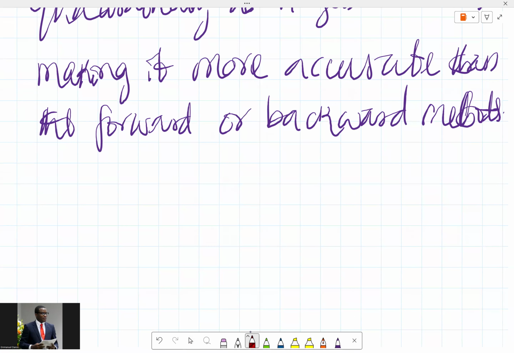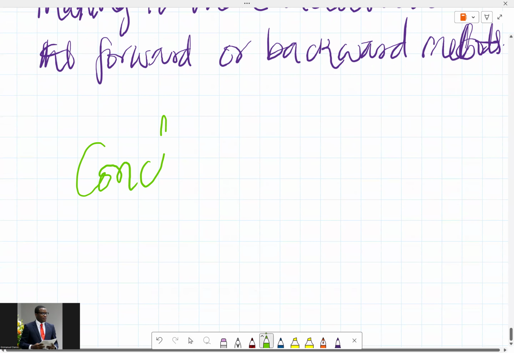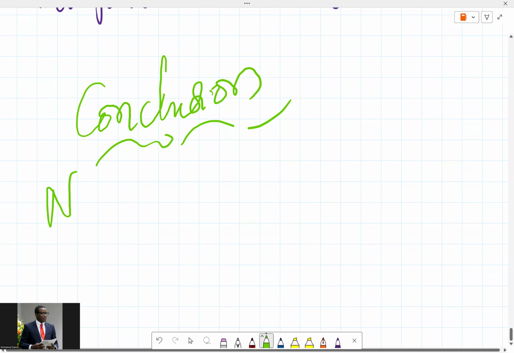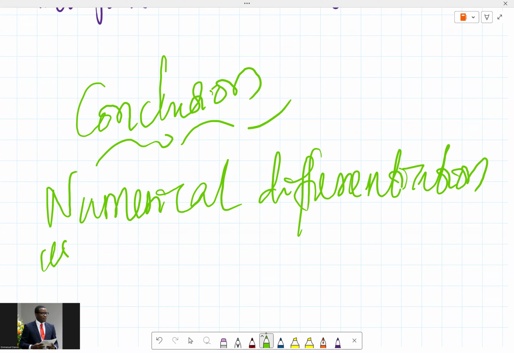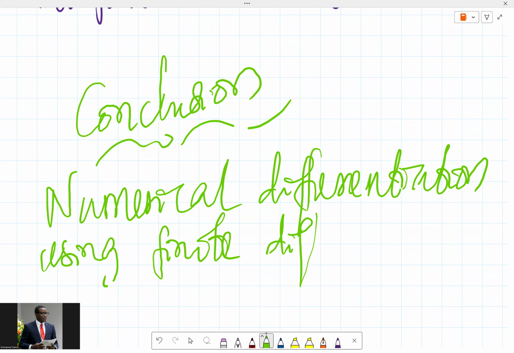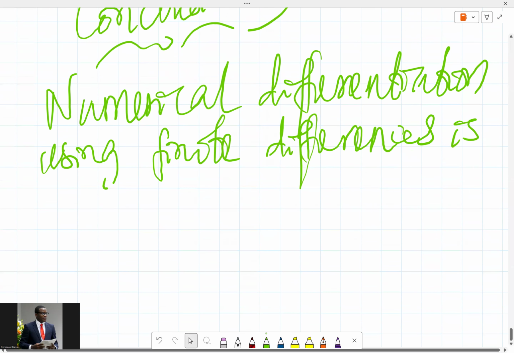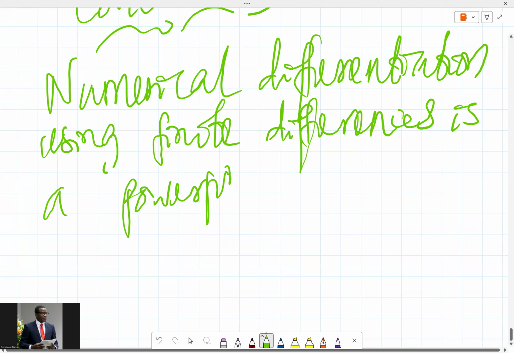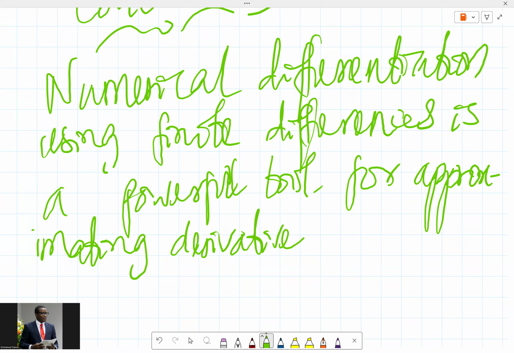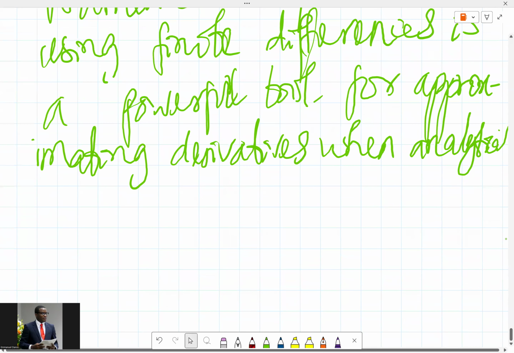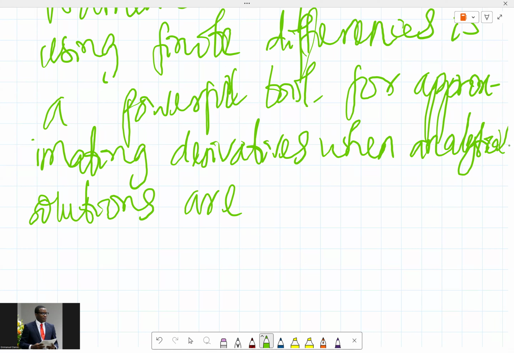So we can actually reach a conclusion. Numerical differentiation using finite differences is a powerful tool for approximating derivatives when analytical solutions are difficult or impossible.